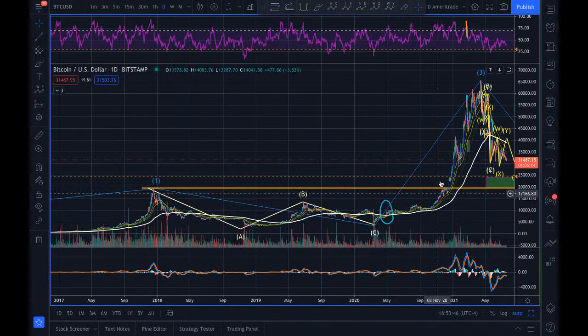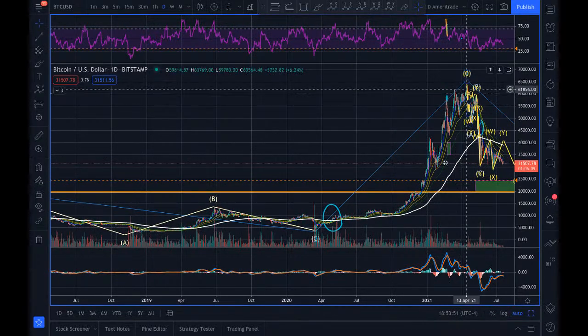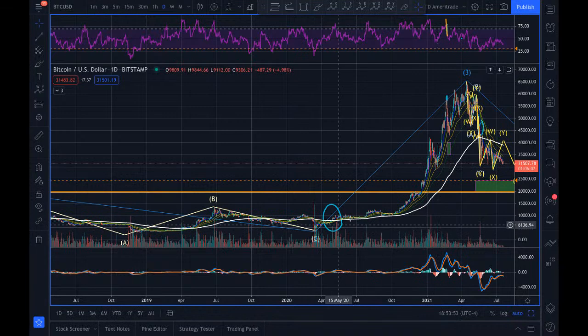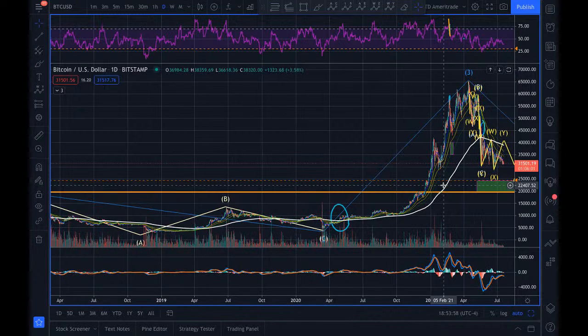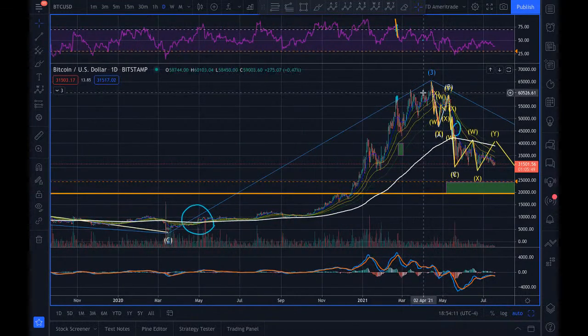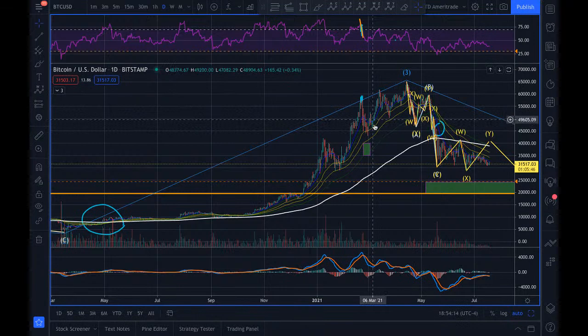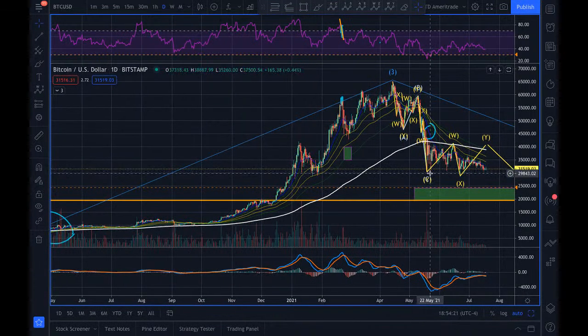Then here I can see 5 waves going up, 4, 5, although that last wave was a 5th wave triangle, a little bit truncated. And then we've got 1, 2, 3 waves coming down so far.